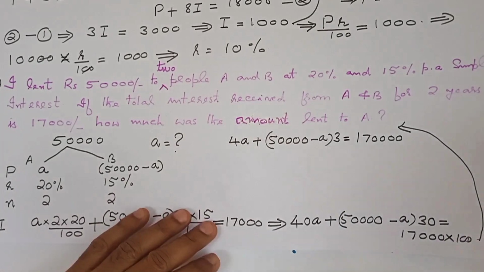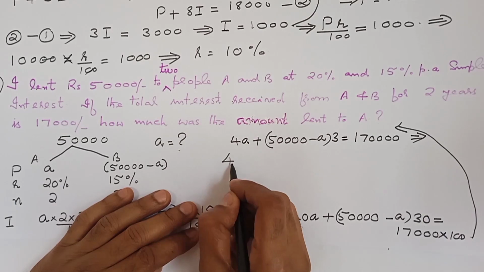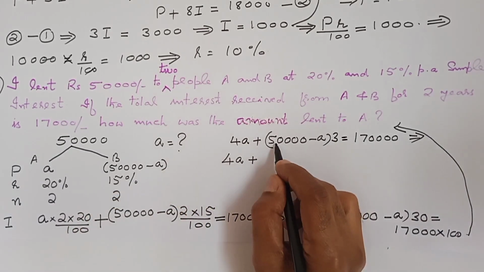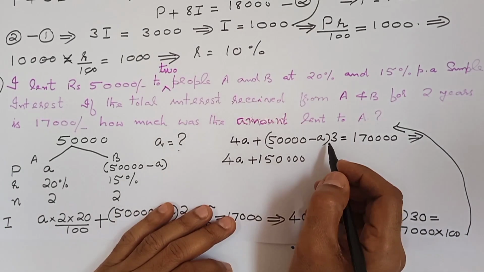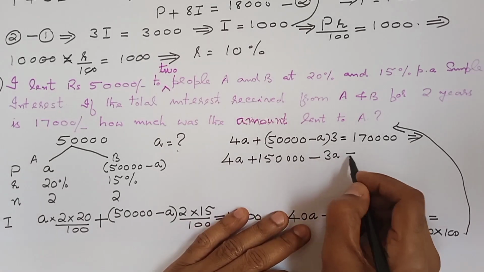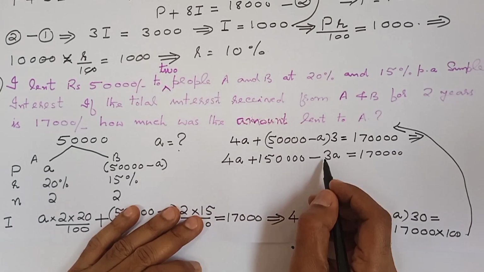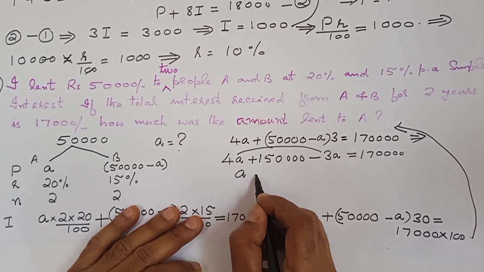Now remove the bracket. 4A plus 50,000 into 3 means 1,50,000 it becomes. Okay? Minus 3A equals 1,70,000. Now 4A minus 3A, that will be just A.